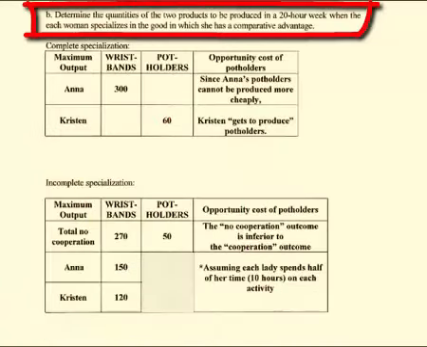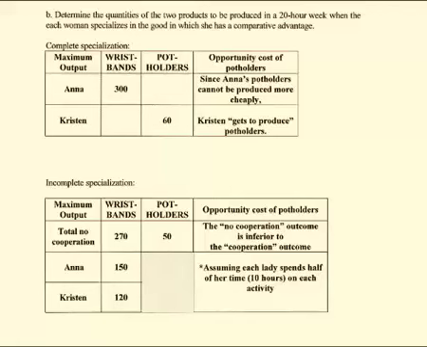Part B of our question asks us to determine the quantities of the 2 products to be produced in a 20-hour week when each woman specializes in the good in which she has a comparative advantage. In this particular case, we saw that Anna could produce more wristbands than Kristen.